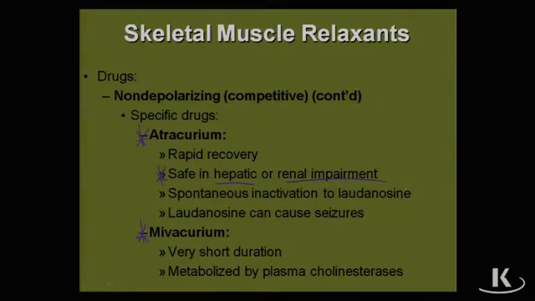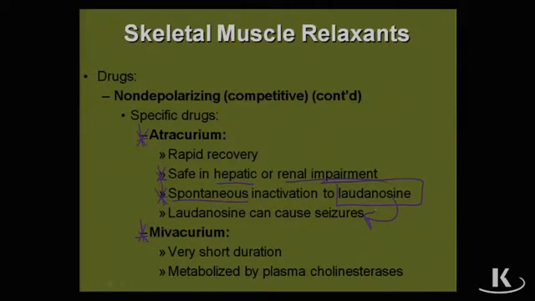What is the second point? The second point is how come it is not metabolized? Well, this is because it spontaneously breaks down, that is, by itself, a chemical reaction that is non-enzymatic, to a chemical called laudanosine. And here's the issue, though. Laudanosine can cause seizures. So if you wanted a side effect of atracurium, this is a skeletal muscle relaxant.